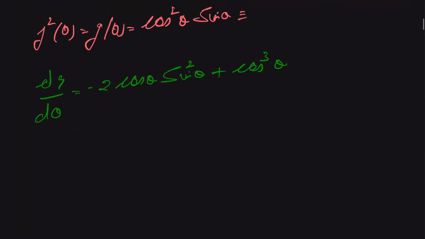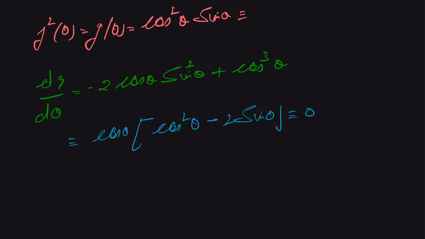So we can take cos of theta as common, so we can say that cos of theta times cos square theta minus 2 sine square theta, and obviously we are going to put that equal to 0.